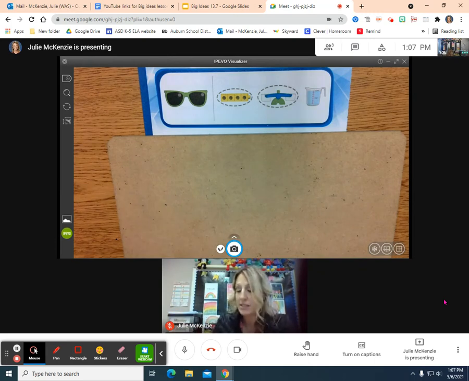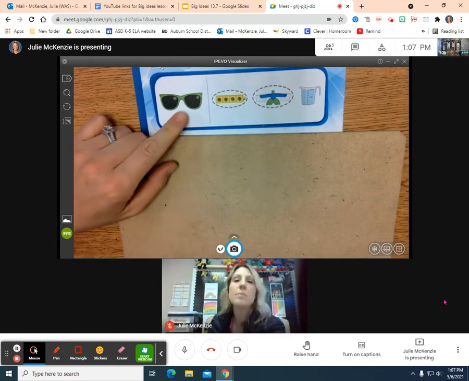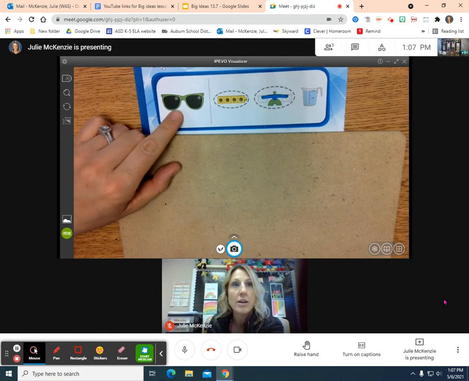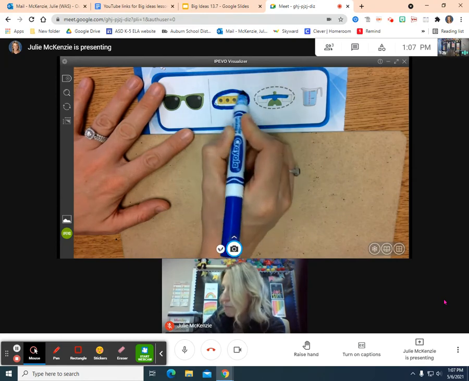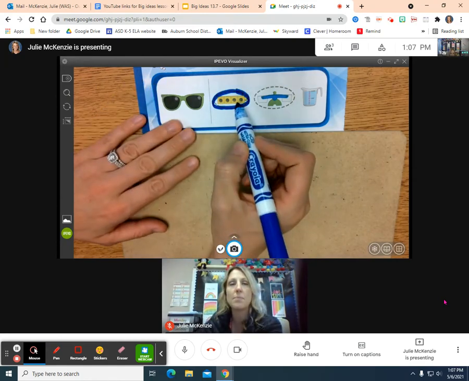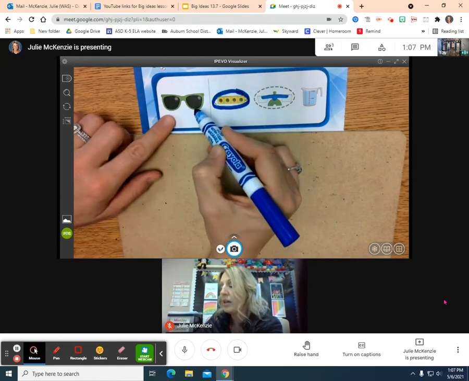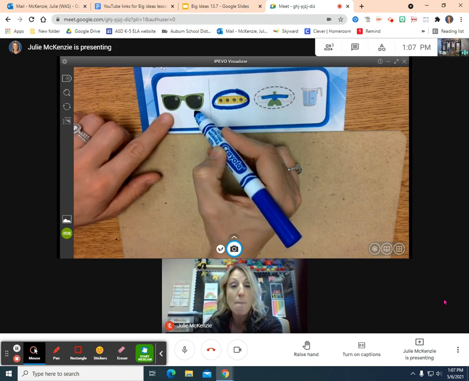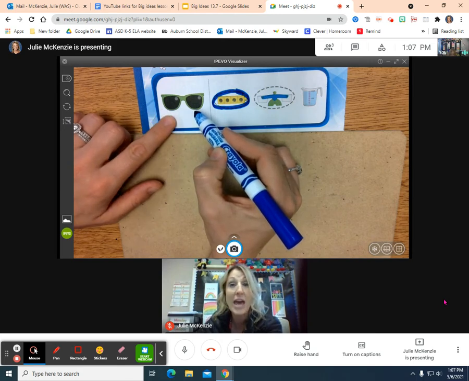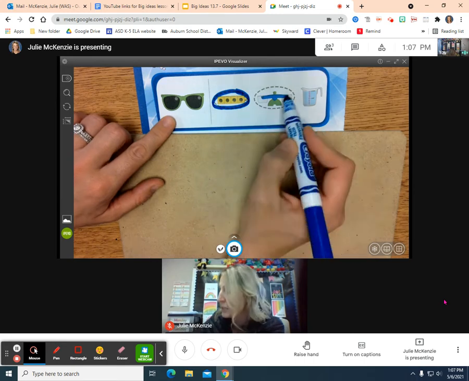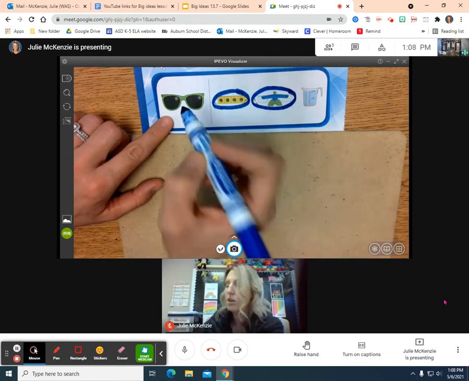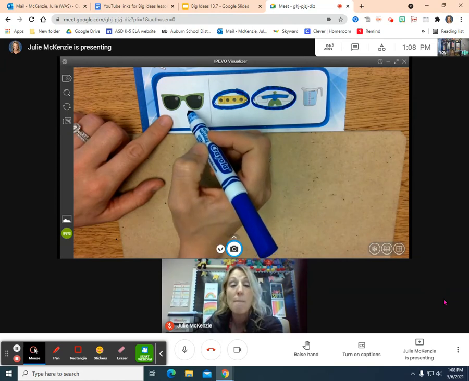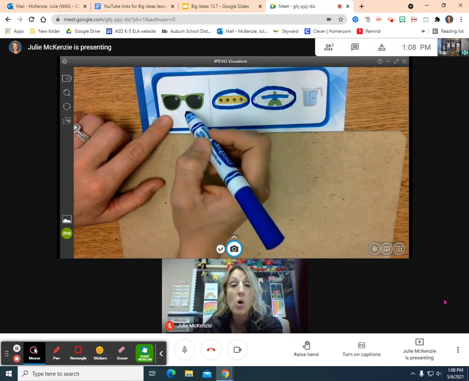That means, can we measure how long the sunglasses are? Yes, we can. So that's this one. This shows that we can measure either the length or the height. Could we measure how much the sunglasses weigh? Yes, we could. So that's the scale. The scale says we can measure the weight. Could we measure how much the sunglasses can hold of something?